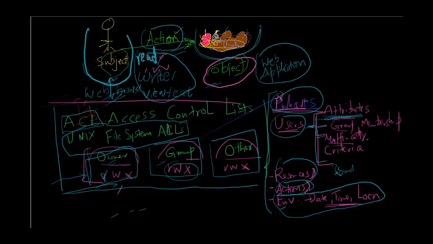So those are some of the basic things to understand about policies. It's important to understand, at least at a high level, and be able to quickly compare and contrast access control lists and policies to have an understanding of the basic concepts of access management.